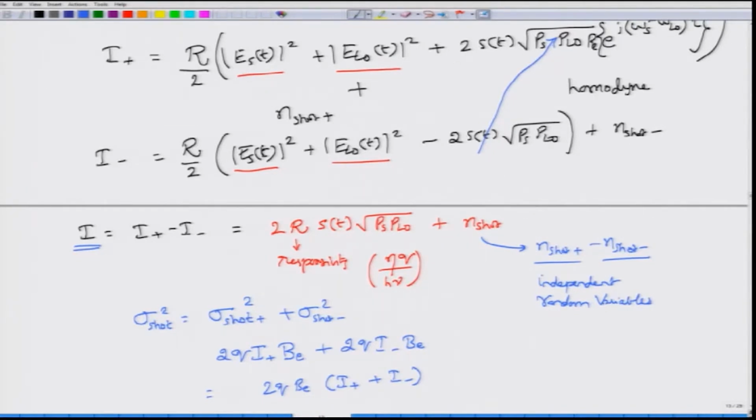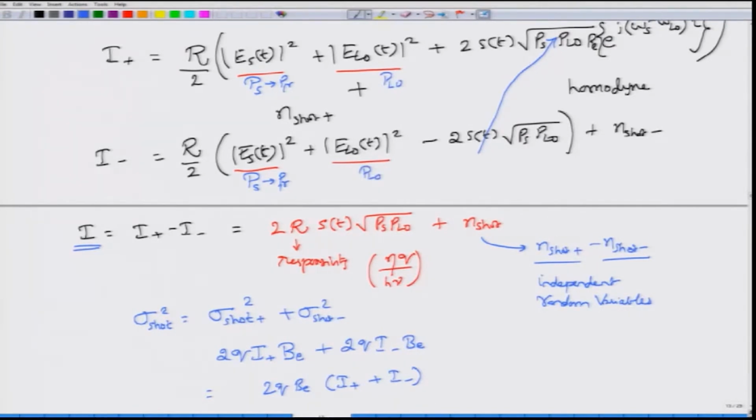This one is the power that you are seeing in the received signal. Actually this should be rewritten as P received, okay. And we also know that this power that we are going to receive will be non-zero only when you have transmitted a bit 1. Therefore I can write this as P1R and P1R, whereas this is a constant power that you are going to get, which is PLO on both sides.